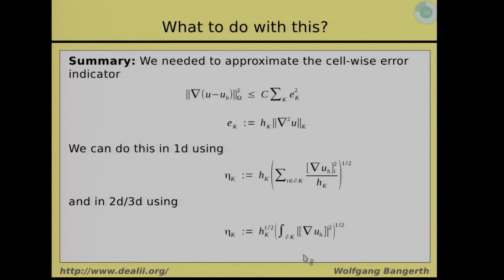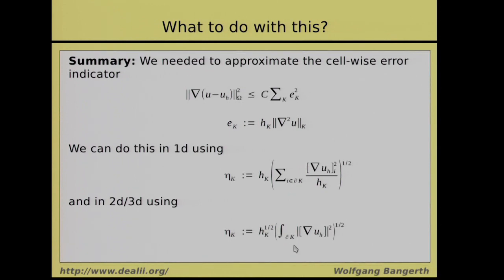So I can do this in 1D, and I can do something very similar in 2D. So in 2D, I could approximate the H2 norm of my solution, so this term here, by something where I integrate over the boundary of a cell. So just like here I have a sum over the two endpoints of a one-dimensional cell, here it is an integral over the boundary.